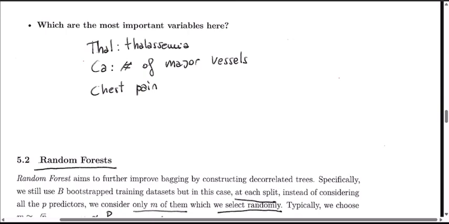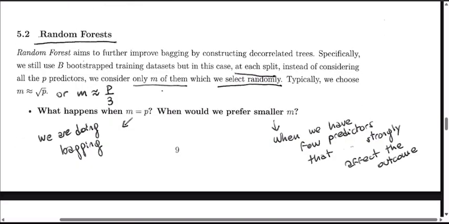Now, let me tell you this. What is the weakness with bagging that makes us consider random forest? When you take a look at bagging, bagging did a great job, but there's a possible situation where some predictors are very strong.